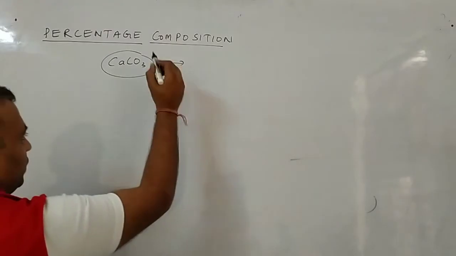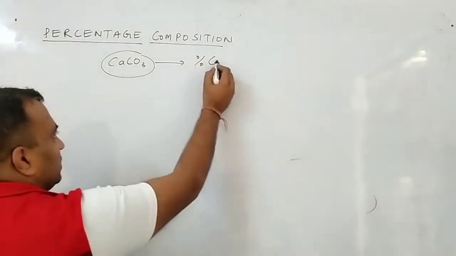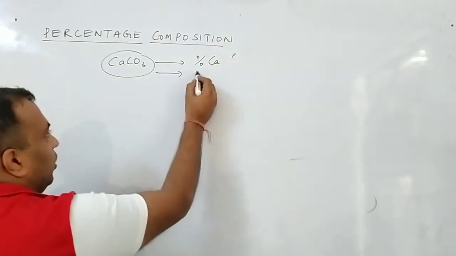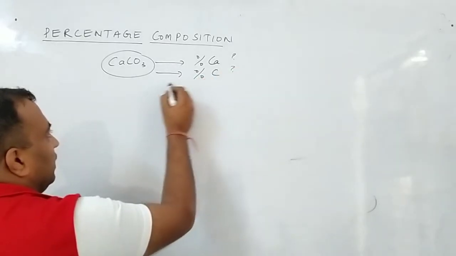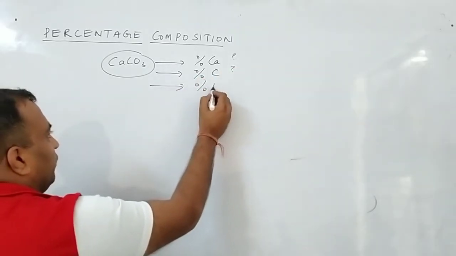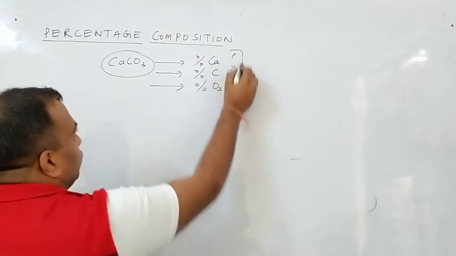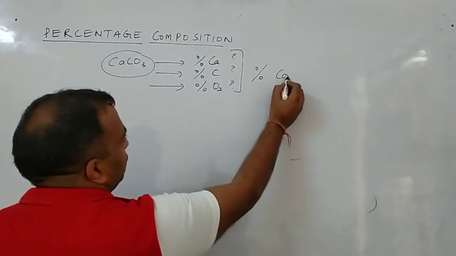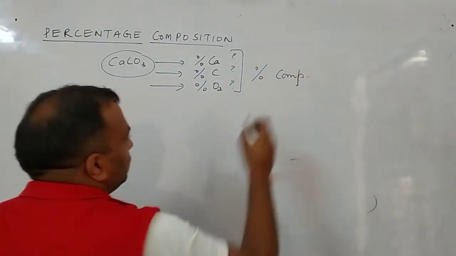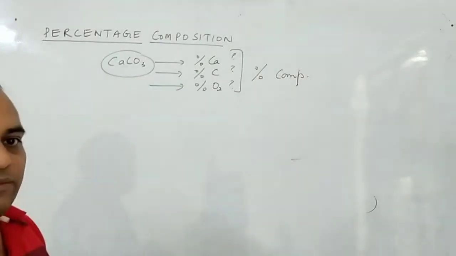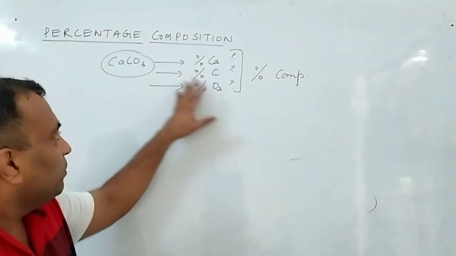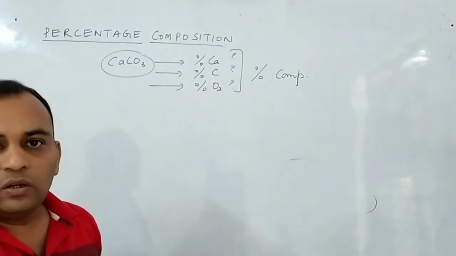In CaCO3, what is the percentage of calcium? What is the percentage of carbon? And what is the percentage of oxygen? That is said to be the percentage composition. So percentage composition means you have to tell the percentage of each element present in your compound or molecule.